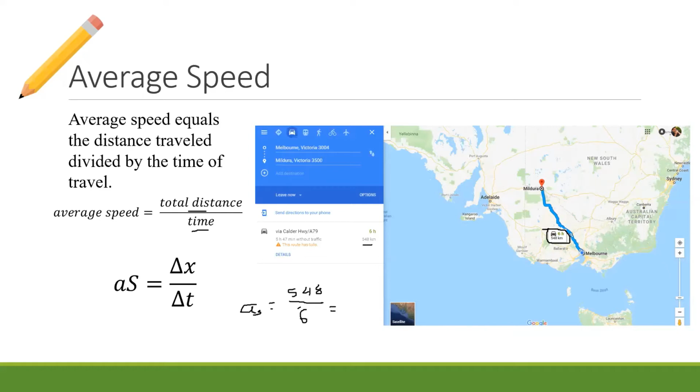A lot of it is spent, you know, there's nothing there, and it turns into a bit of a desert, but yeah. 548 divided by 6 comes out to be 91 kilometers per hour.